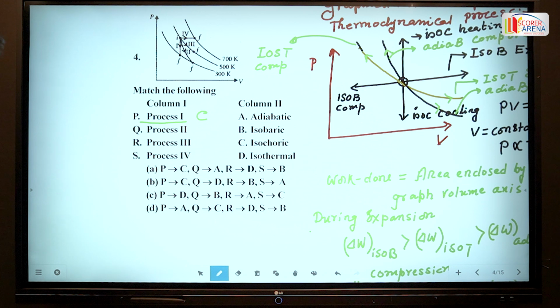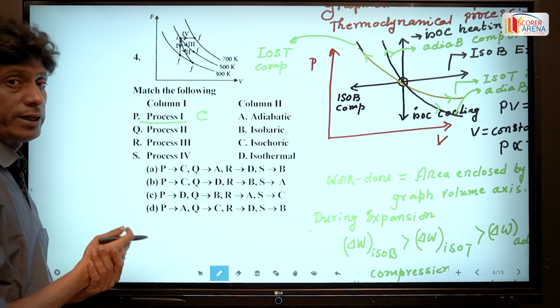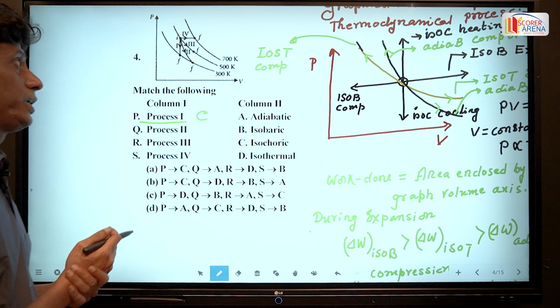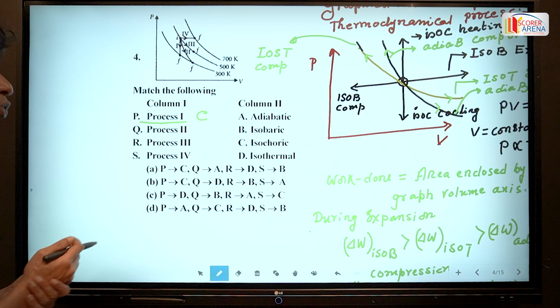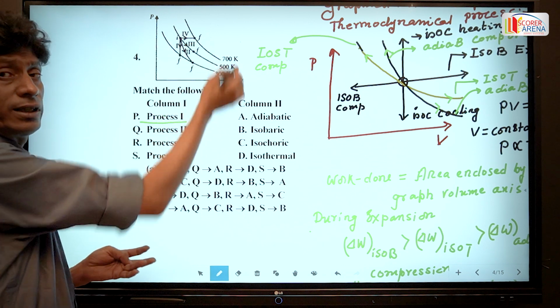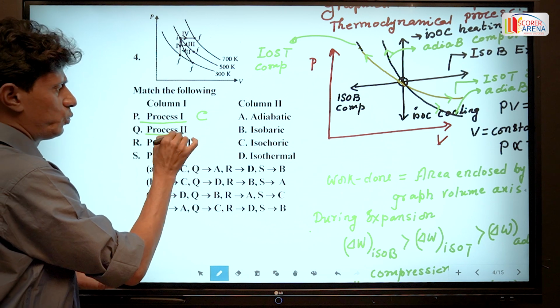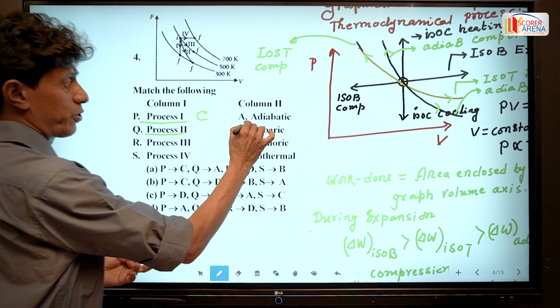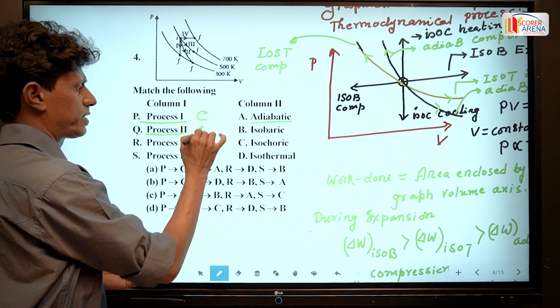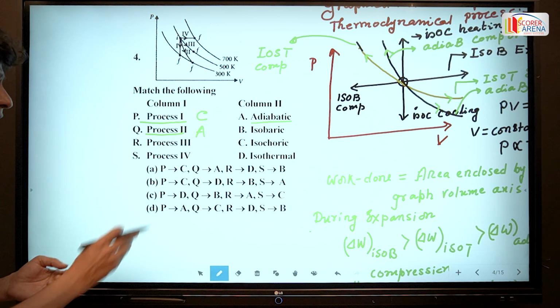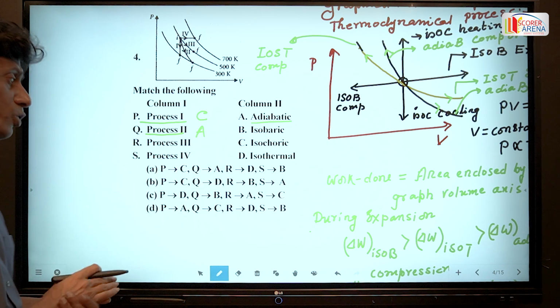And process 2 and process 3, two hyperbolic graphs are there, one having more stiffness. So here 3 and 2, graph 2 has more stiffness than graph 3. Therefore process 2 is actually an adiabatic process, A. So from this graph we can interpret process 1 is C and process 2 is A. Now we have to check the matching option, column 1 to column 2.